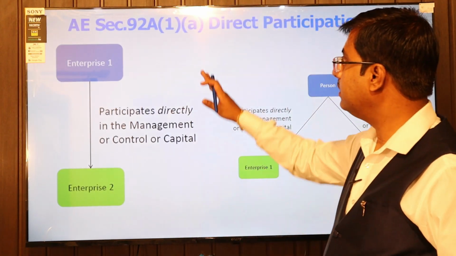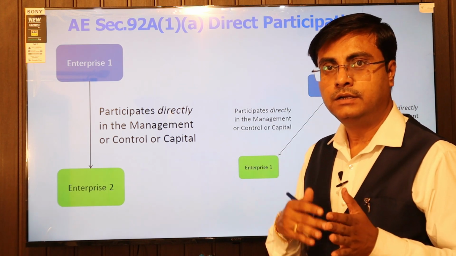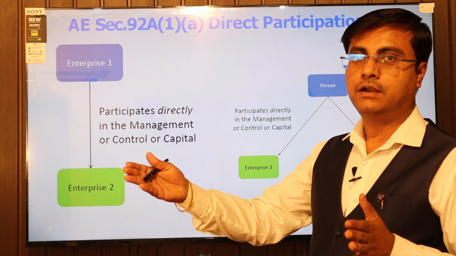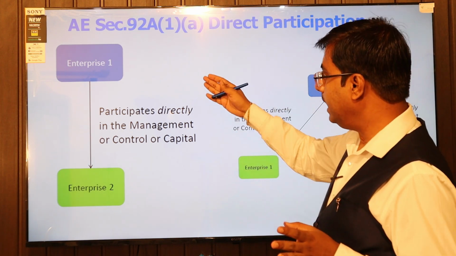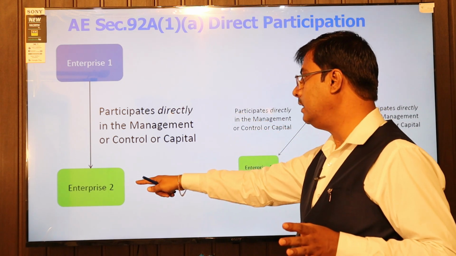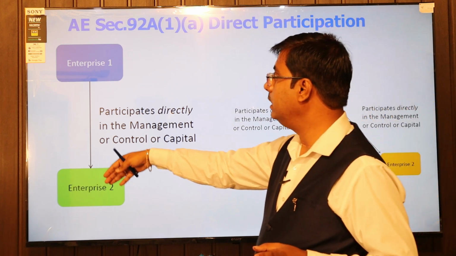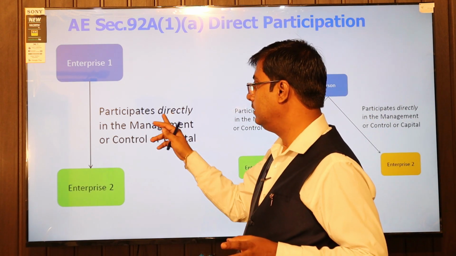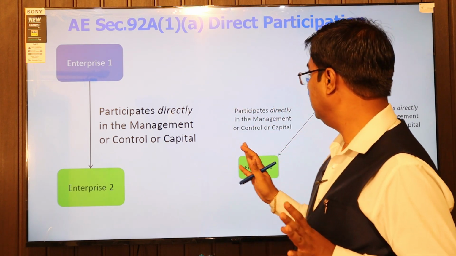So associated enterprises: you must be dealing with associated enterprises, otherwise the TP provision is not applicable. It can be direct: you are enterprise 1, directly controlling enterprise 2, or you are a wholly owned subsidiary of this company, directly controlled in management or capital or anything.